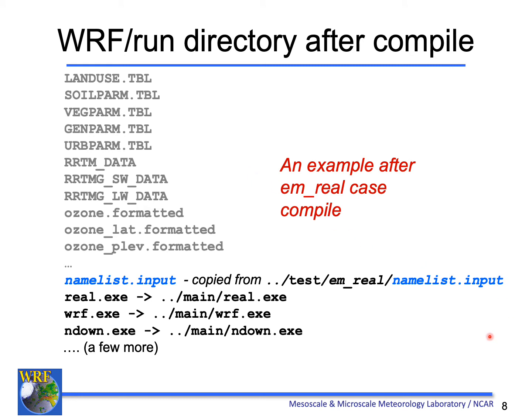After the model code is compiled, the model executables are created, and these executables are symbolically linked to this directory. Also, a namelist.input file will appear, which may be copied from the test/em_real directory or one of the idealized case directories. This is for us to edit if we decide to run the model in this directory.